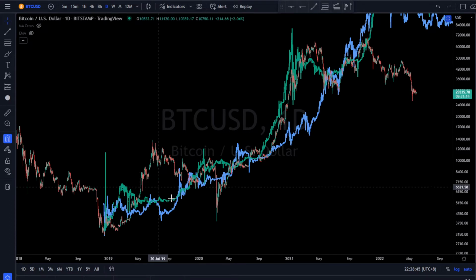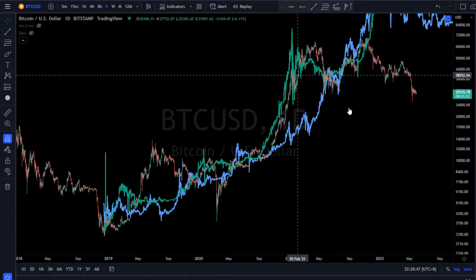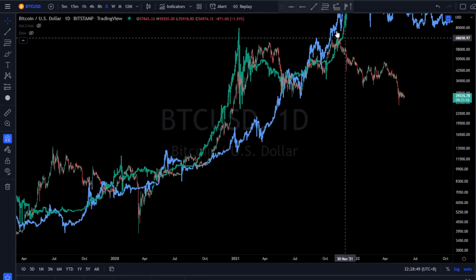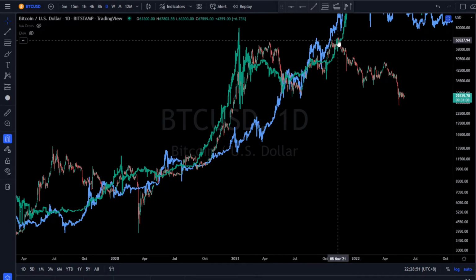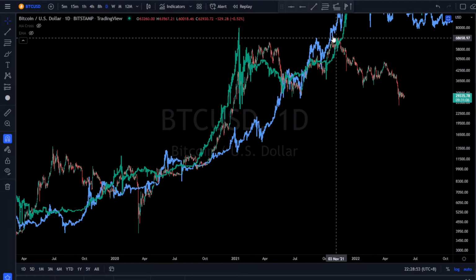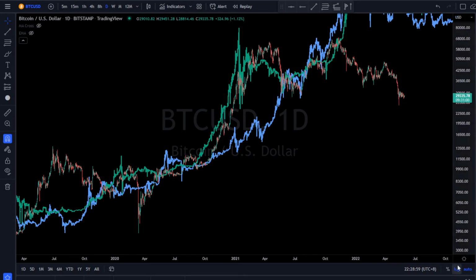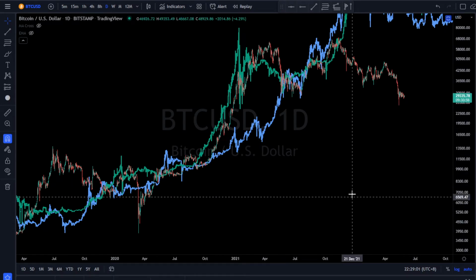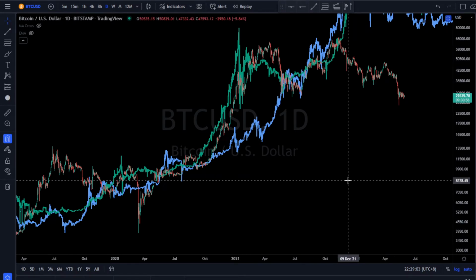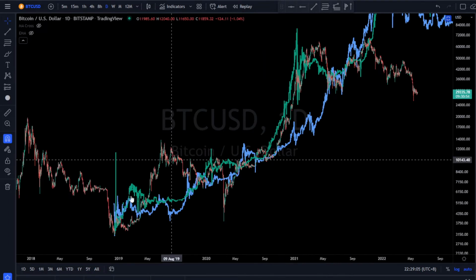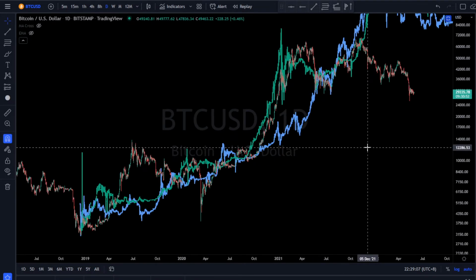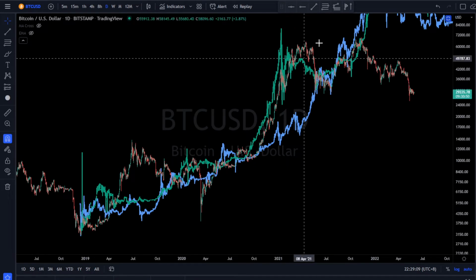Okay, you can see that price moves quite similarly until here, where a lot of people, myself included, was expecting price to go literally off the charts. Okay, in case you're wondering, I'm in log mode here. It makes it easier to look at charts of parabolic moves like what Bitcoin has done in the past.